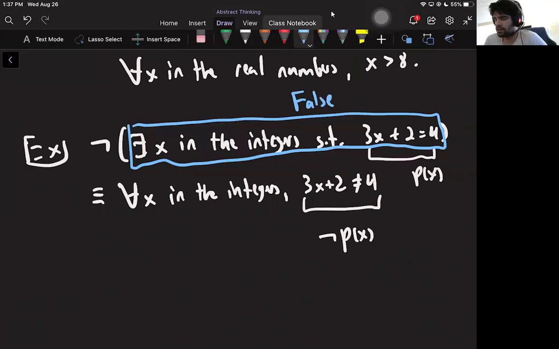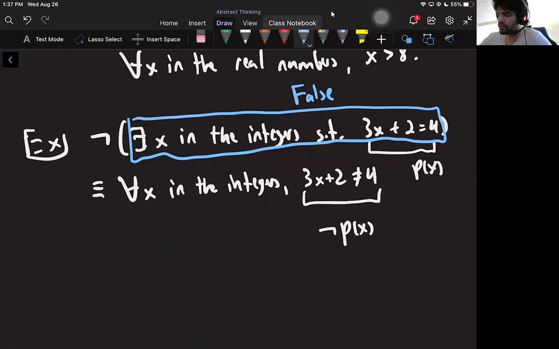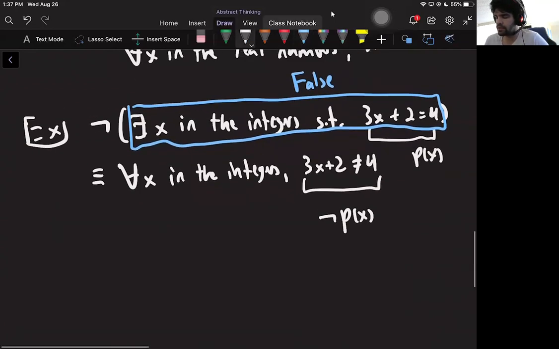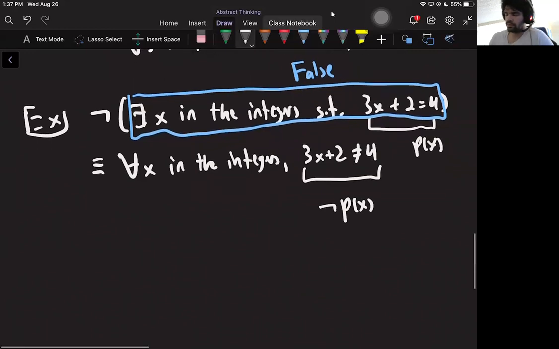If I said that there exists an x in the integers such that 3x plus 2 equals 4, that's false, because if I try to solve for x, I get x equals 2/3, right? Which is not in the integers. It's a rational number instead. So that statement is false. And the negation should therefore be true, because the negation is the opposite of the statement. So when the statement is false, the negation is true.